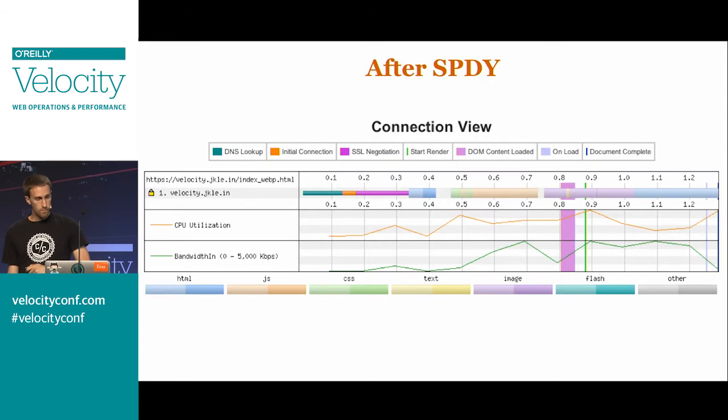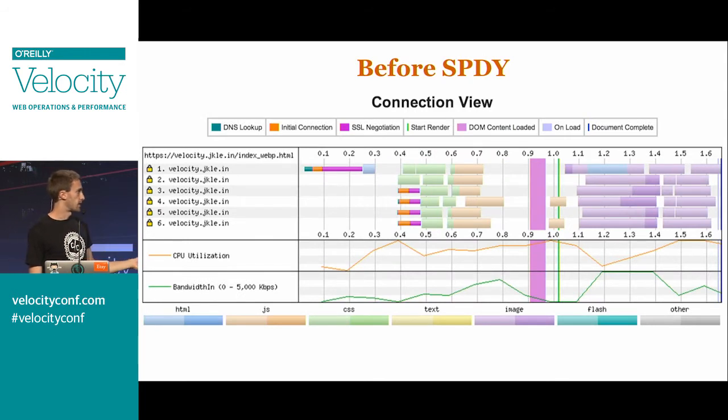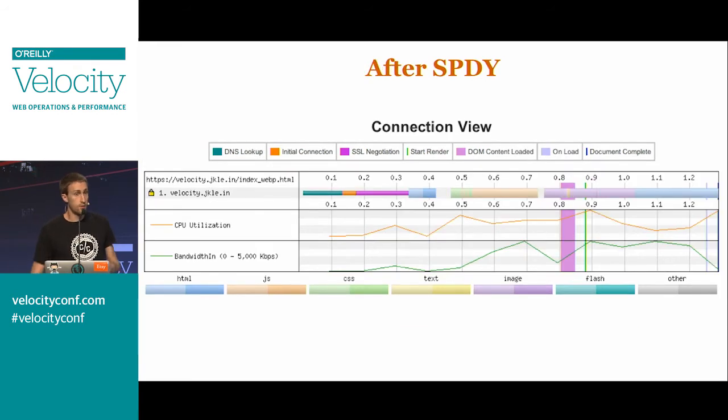After SPDY, we have 1 connection. Now, the big one here is you see 1 DNS lookup, 1 TCP connection, and then 1 TLS negotiation. So in the previous slide, every single one of these connections had to make the connection. The DNS lookup's cached, so not a huge deal. But every single one has a TCP connection as well as a TLS negotiation segment. So by eliminating those with SPDY, you not only save resources on the client, but you also save resources on the server.